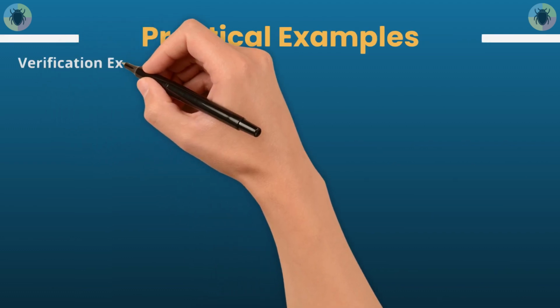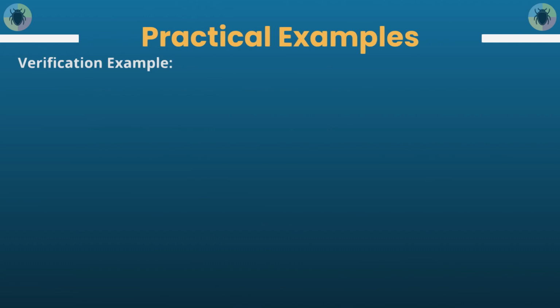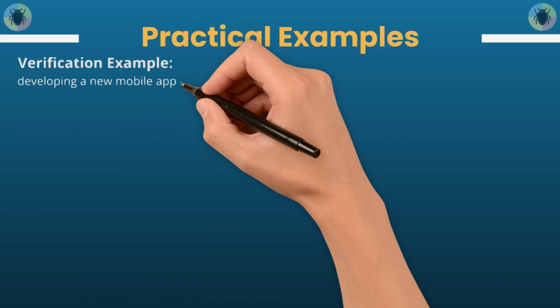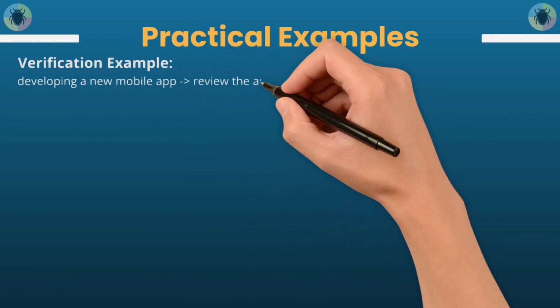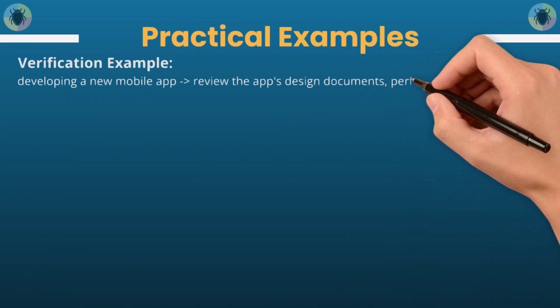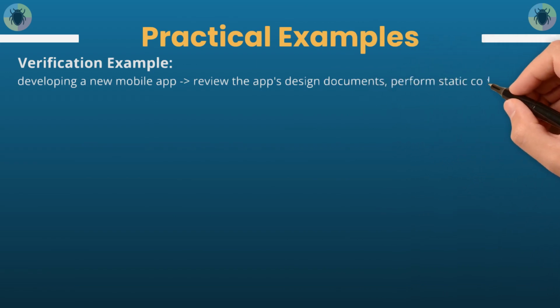Verification example. Imagine your team is developing a new mobile app. During the verification phase, you might review the app's design documents to ensure they include all necessary features and specifications. You might also perform static code analysis to identify potential issues in the code before it's even run.